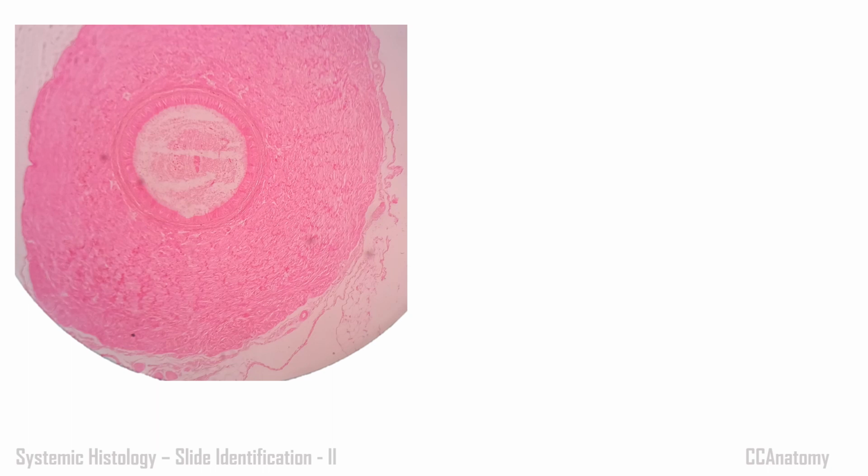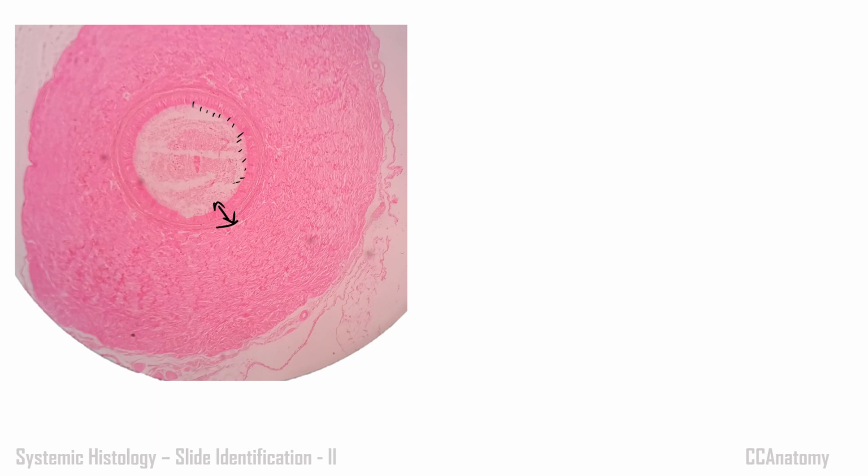Then moving to the next slide. Here, try to see the lumen. The lumen is almost crystal clear, a complete circle. Followed by that, if you see the epithelium, it is a single cell thickness. The whole thickness is a single cell, and if you observe finally, you can see the cilia.